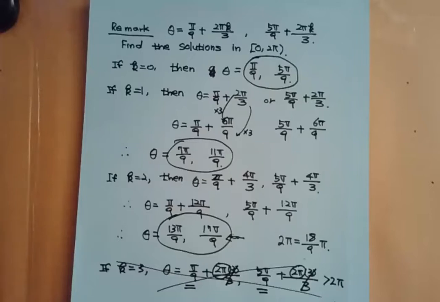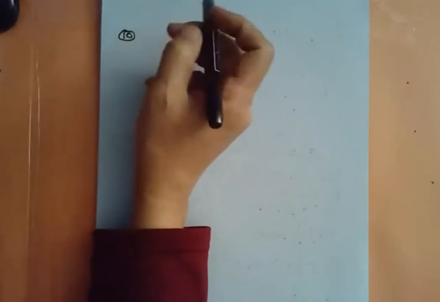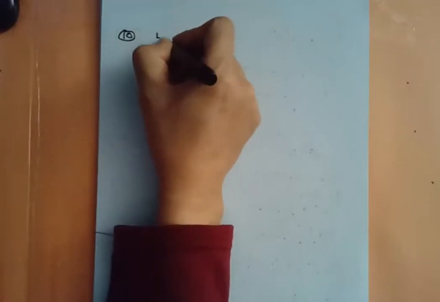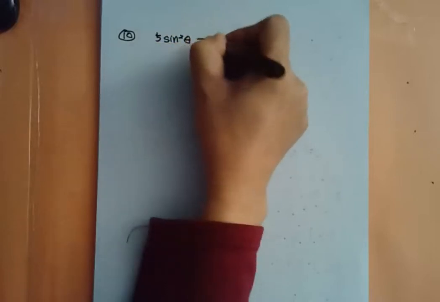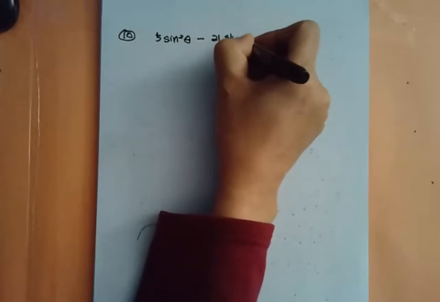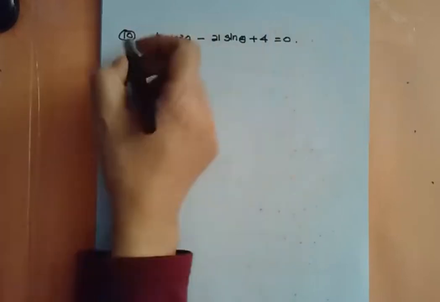Any question? So 5 sine squared of theta minus 21 sine of theta plus 4 equals 0.